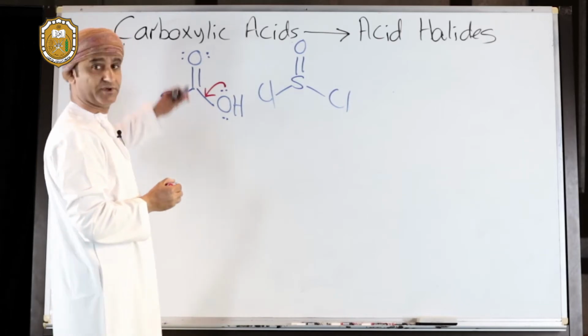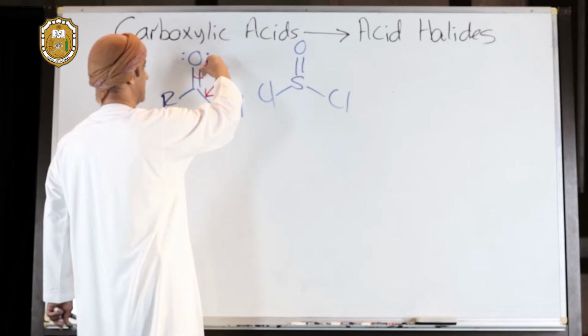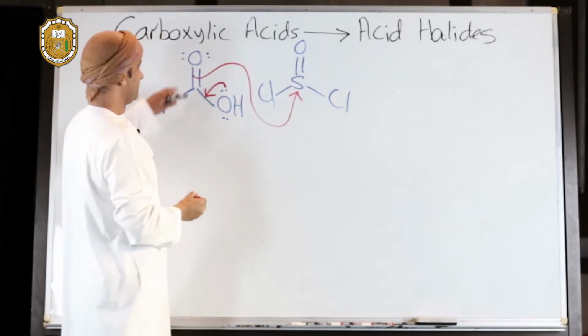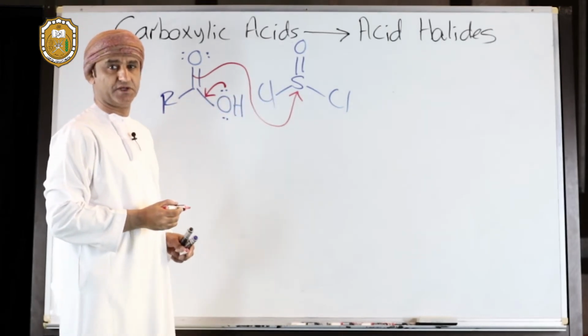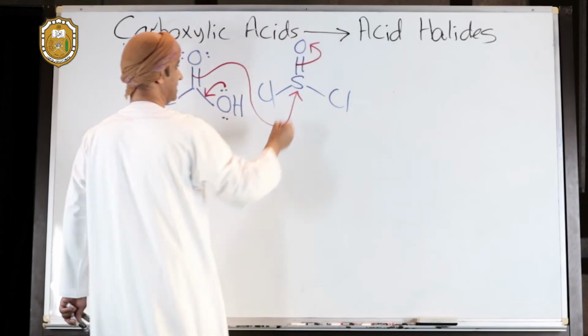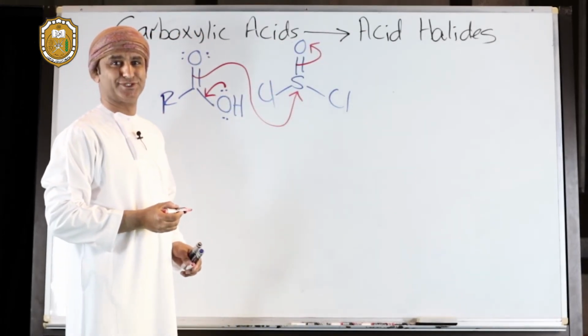And obviously that carbon-oxygen double bond must be broken simultaneously. So the carbon-oxygen double bond is broken, and then we make a bond between oxygen and sulfur, and the sulfur-oxygen double bond is now broken.